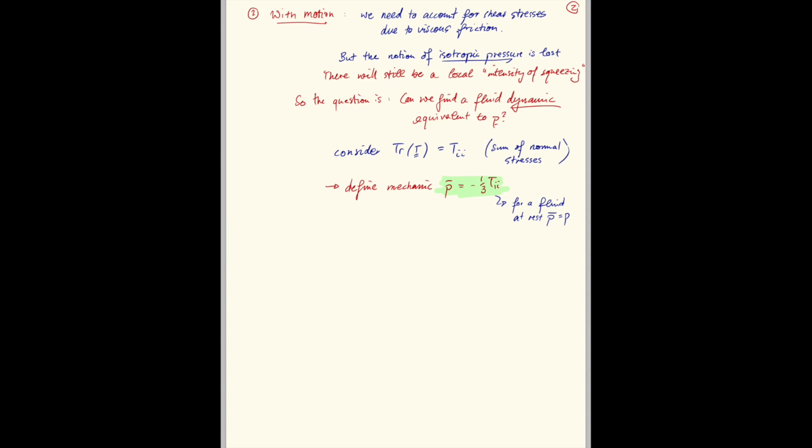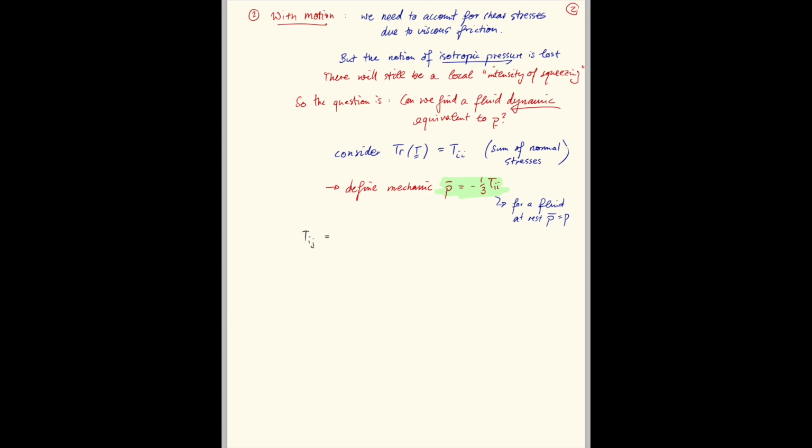We can then partition our stress tensor, Tij, into an isotropic term, minus P bar delta ij, plus a deviatoric stress tensor, tau ij. So this is called the deviatoric stress tensor, and it essentially refers to all the stresses that are shear.